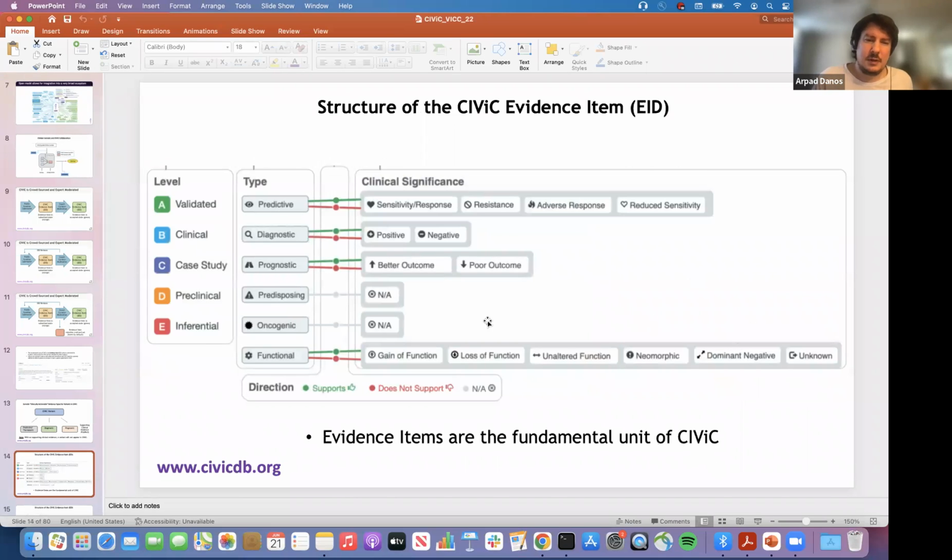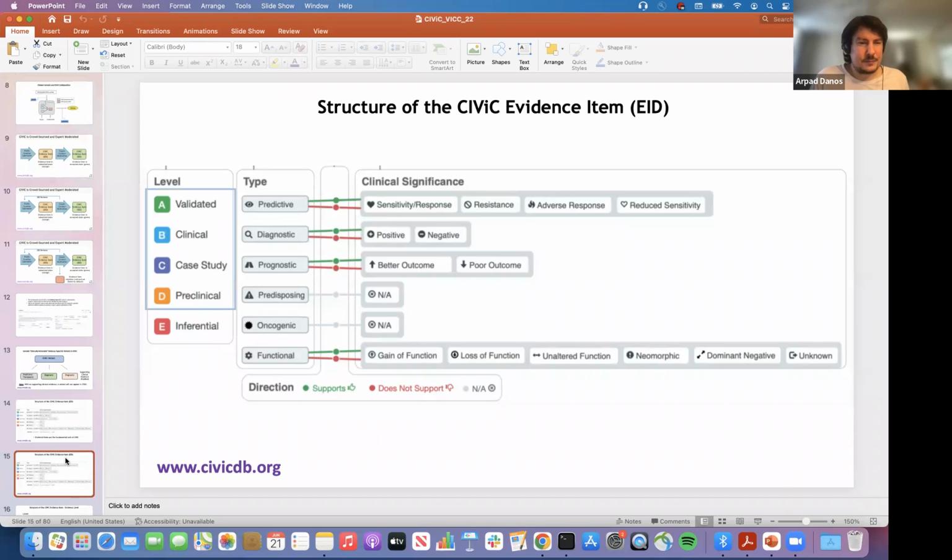So these are our collection of evidence types that we use. The big three, the predictive, diagnostic, prognostic, also a germline predisposing, and these newer types that we'll be talking about a little bit later. We also have our own evidence levels that we tag evidence items with, an internal tagging system, an internal guideline only for tagging evidence curated out of literature.